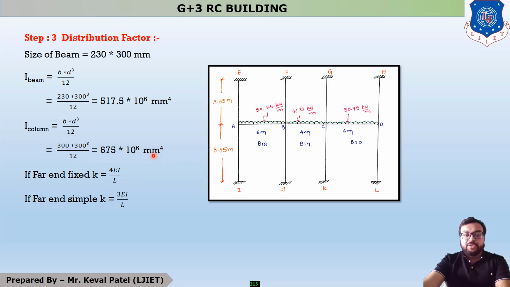So this is the calculation of distribution factor. Now we have prepared the distribution factor table, and you can see that in this figure. This figure is a mirror image from here. Since it is a mirror image from here, you can see that this one is 6 meter, this is also 6 meter.